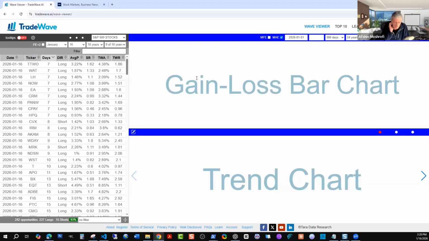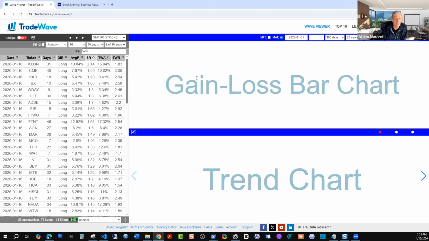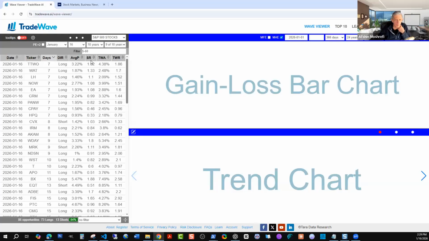So I can adjust that by saying I only want to look at patterns that are 5-60 days. Let's see what's happening for the next 2 months. Every pattern that's found is no longer than 60 days. It filtered the rest of them, so it can give us exactly what we want to see.